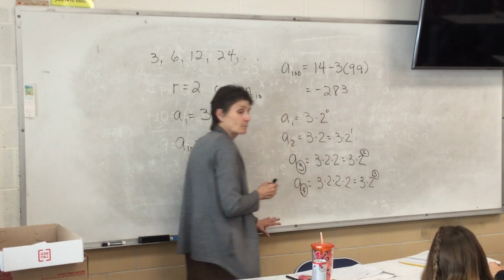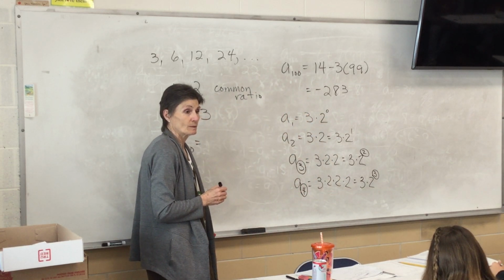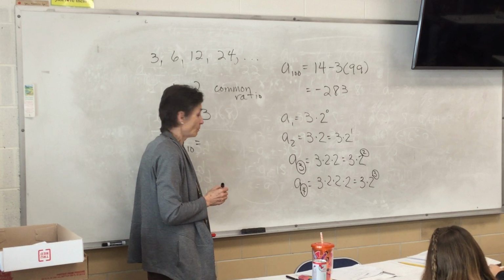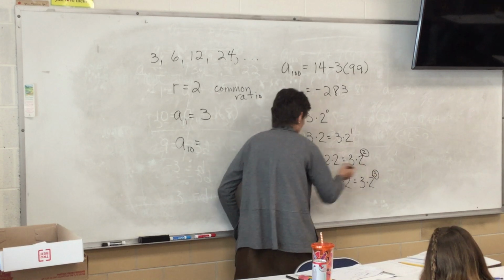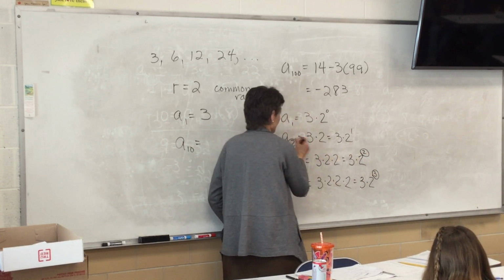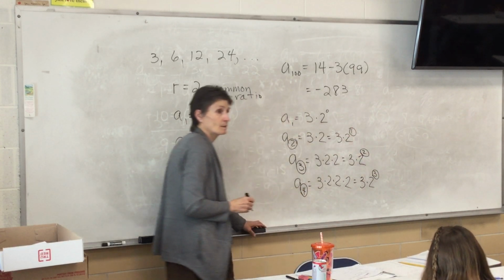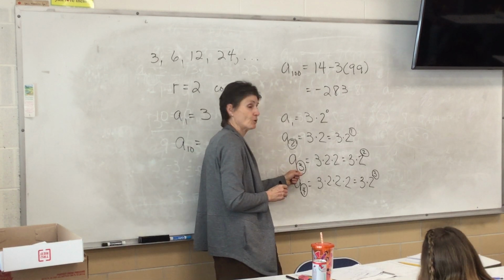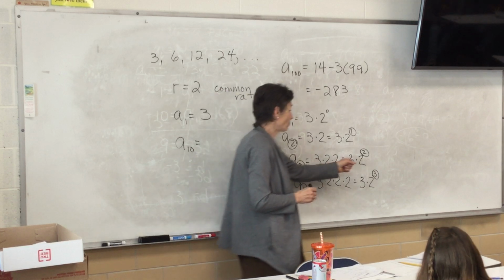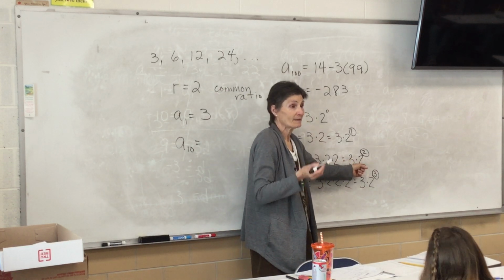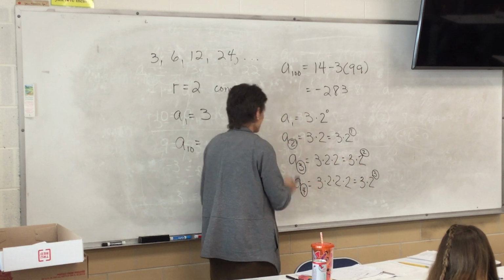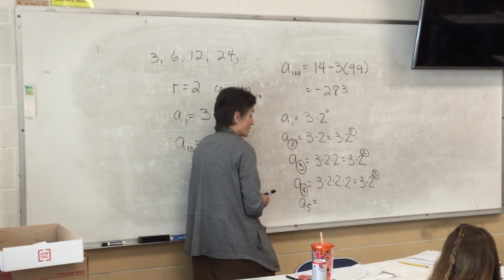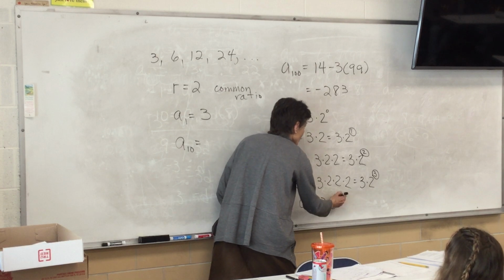What is it? What's the relationship between 4 and 3? 3 and 2. They're going down and going up. Whatever term number you're on, you have one less 2 than that. So we could guess, we don't have it up here, but we could guess that the 5th term will be 3 times 2 to the 4th.